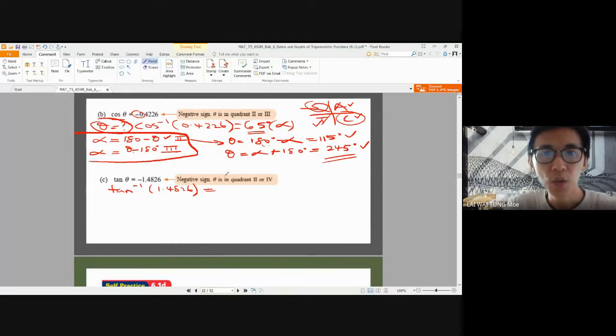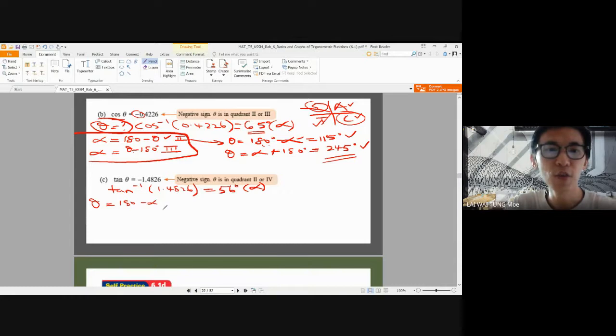So we know that alpha is 56. Now we know that this angle is either in the second quadrant or the fourth quadrant. For the second quadrant, we already know the formula, which is 180 minus alpha.